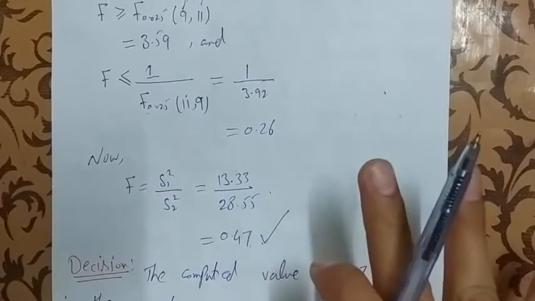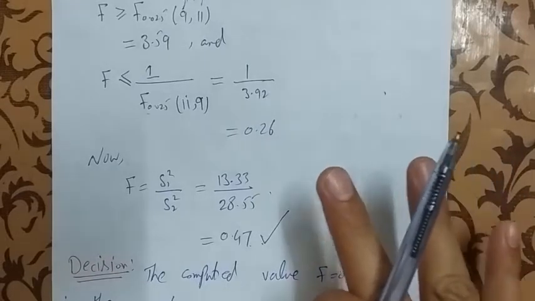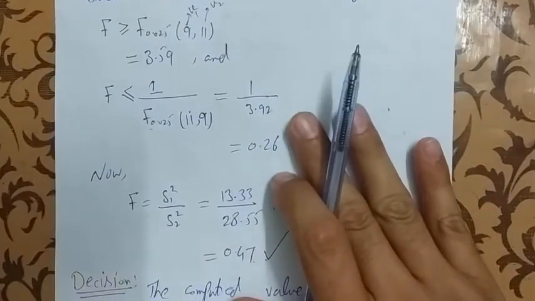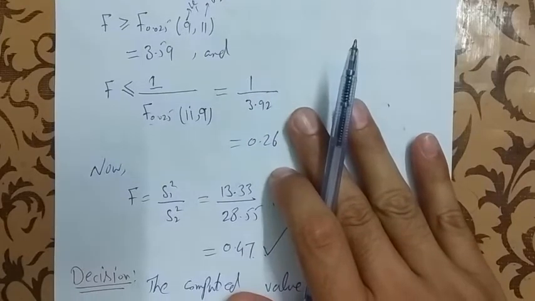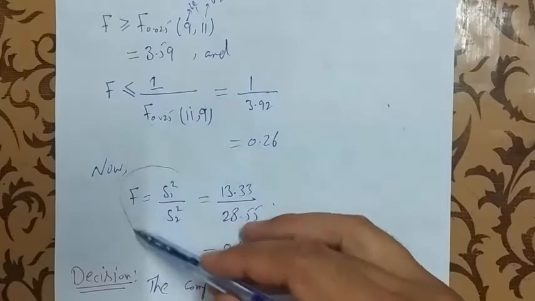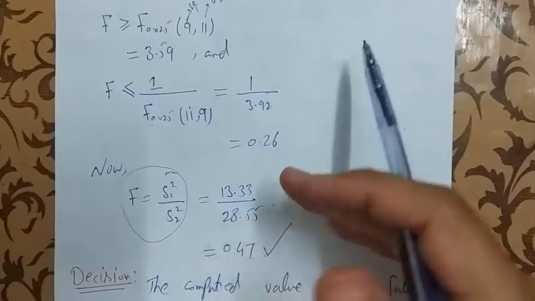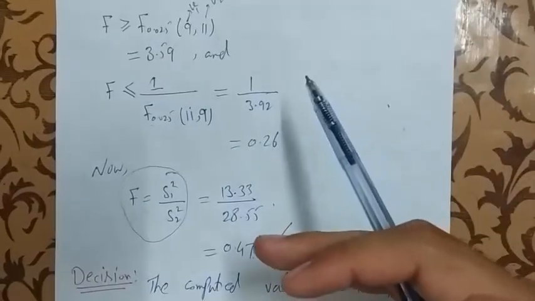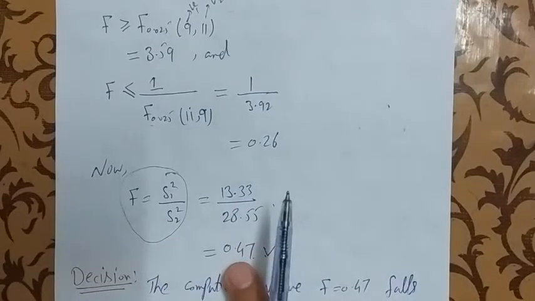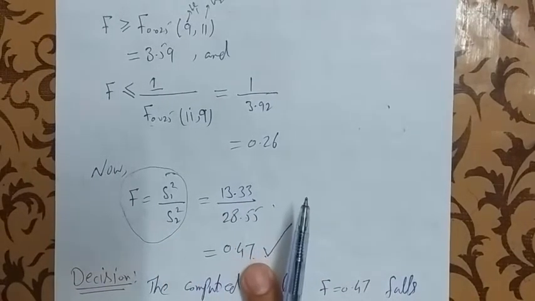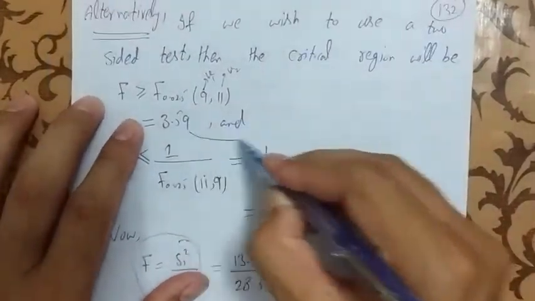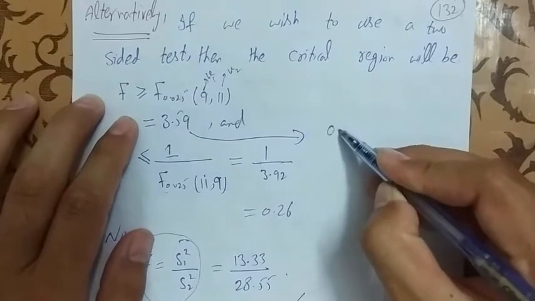Students, one thing must be kept in mind: when we use the alternative procedure, we cannot turn the test statistic formula. We keep this test statistic formula, and the result is 0.47.